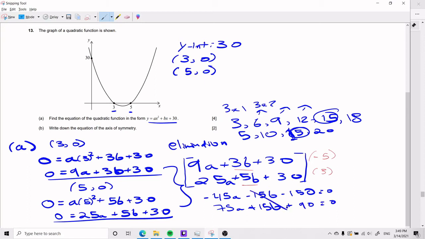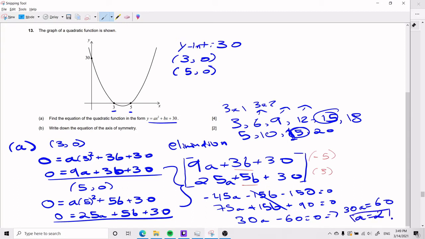And as I said before, my b's are going to cancel out, and my a's end up being 30a minus 60 equals 0. I want to get a alone, so this turns into 30a equals 60, and now a equals 2.